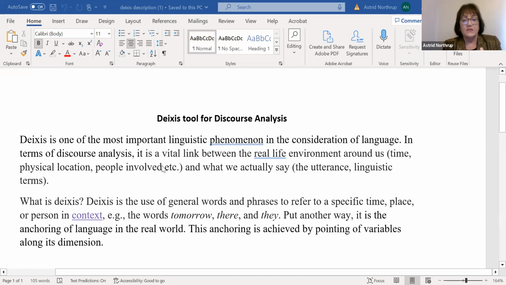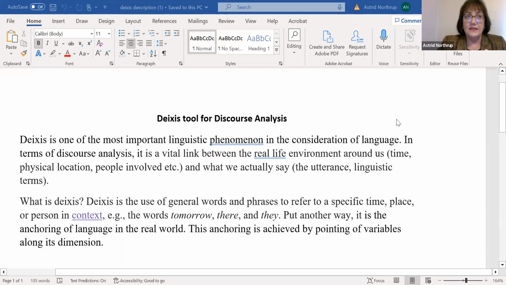In terms of discourse analysis, which is what my method section is going to describe, it's a vital link between real life environment. In other words, this physical location, the people involved, the time frame, and what we actually say. So Deixis, in general, is the use of words and phrases to give context to things, such as tomorrow, they wear, or as I use, borrow pit. Put another way, it's the anchoring of language in the real world.